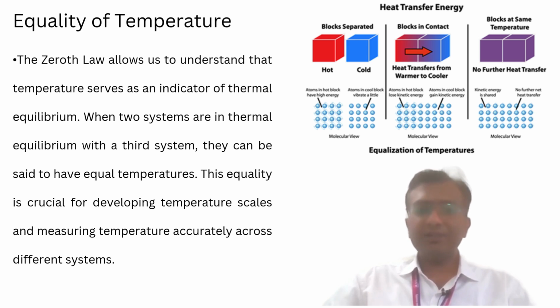This definition is consistent because the zeroth law tells us that the thermometer and the boiling water are at the same temperature when they are in thermal equilibrium. Any other system in thermal equilibrium with that same boiling water will also be at 100 degrees centigrade.